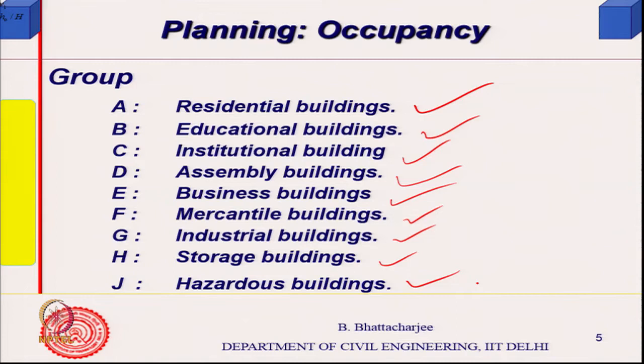So industrial is already G, and then hazardous buildings. Now, you can see that all kinds of functional designs of buildings have some relevance to urban planning itself. It starts from urban planning.